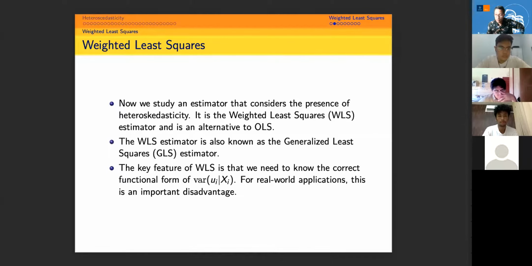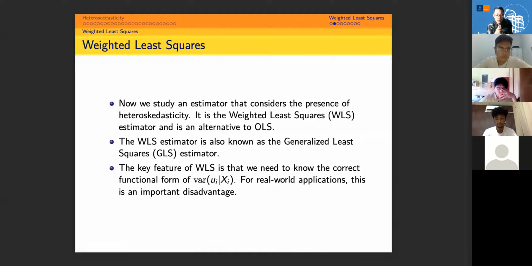Now there is actually a more efficient estimator. A more efficient estimator is one that produces lower variance in the presence of heteroskedasticity. This estimator is referred to as weighted least squares, and it's an alternative to OLS.